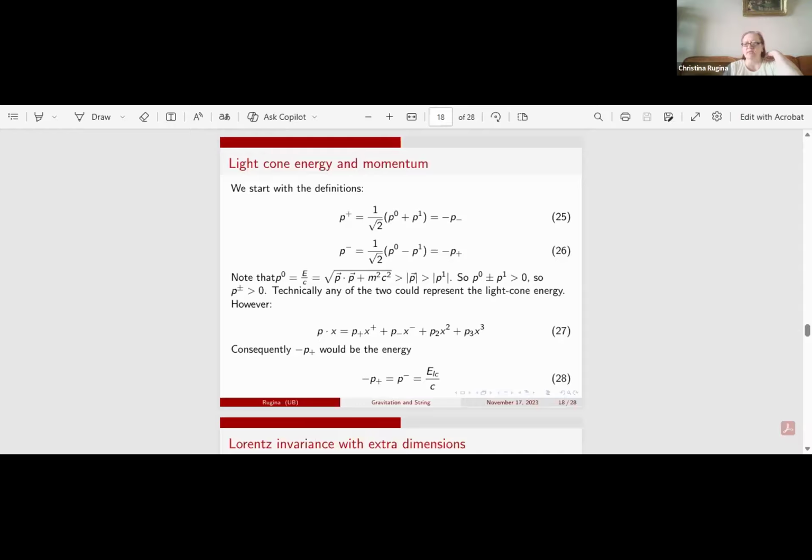Lowering indices is now done with the light cone metric. So the plus and minus metric lowers and raises the indices. And so that's the scalar product, like that, for light cone coordinates. And consequently, minus P plus would be the energy in light cone.